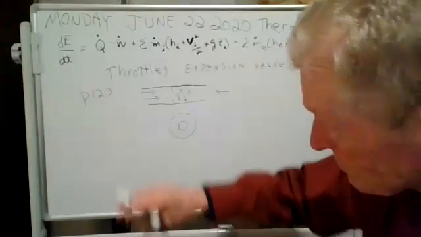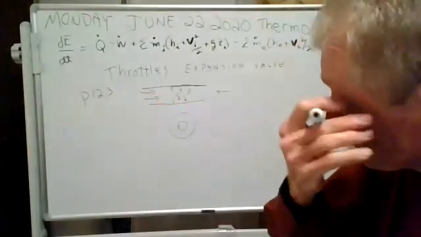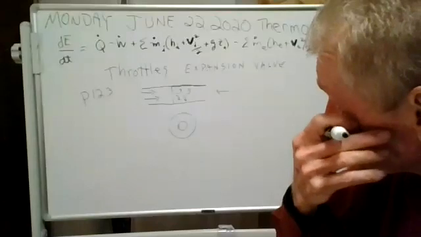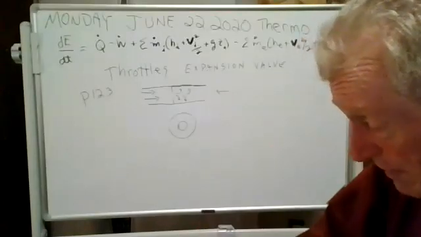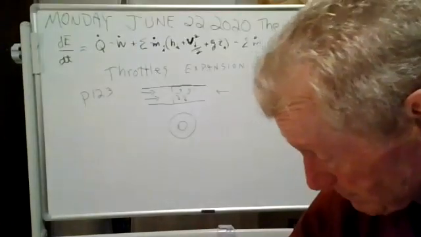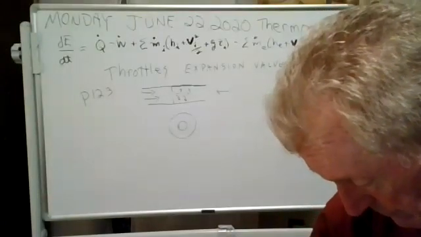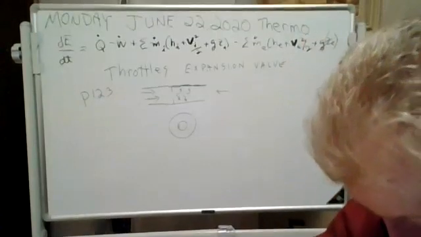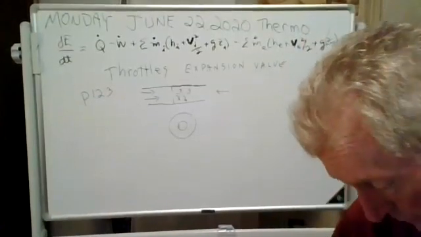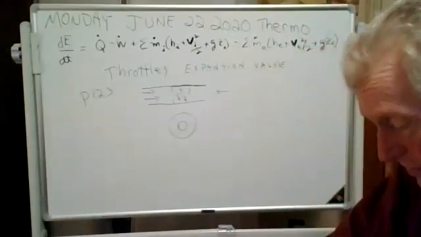It doesn't have this smooth laminar flow that it did have coming in, and you're looking at a throttle. Okay, and there's a picture of it, the throttling process.